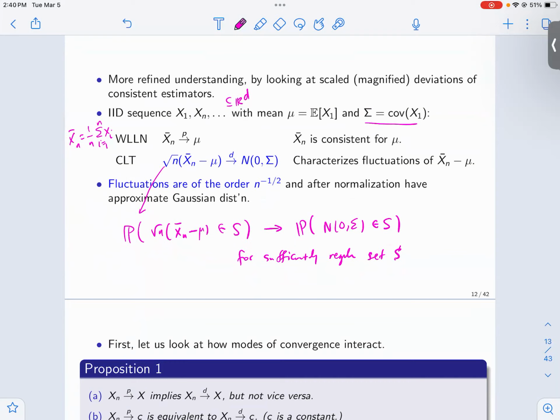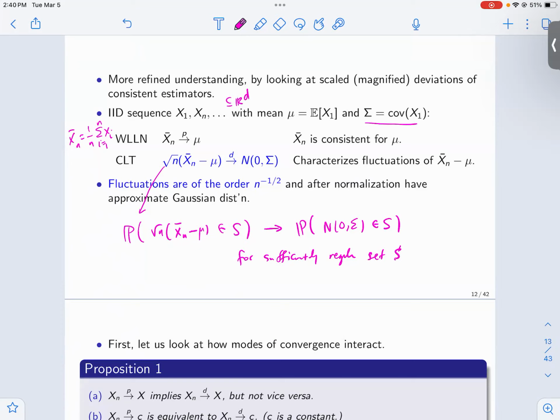This is giving you an interesting fact about this estimator. If you want to say it in the language of statistics, you would say the sample mean is asymptotically normal, with this distribution. And then you can use this distribution for, for example, confidence intervals, or to do other comparisons.